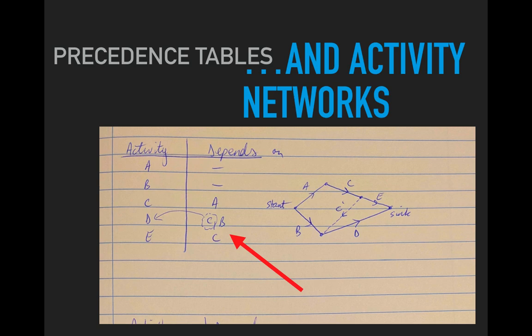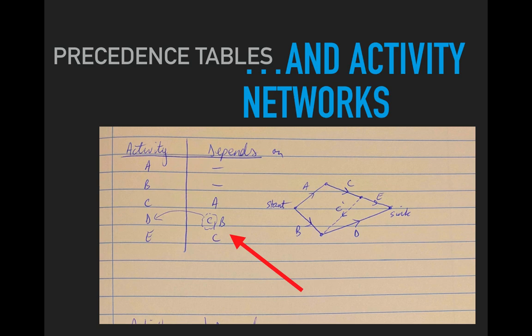And if you look at the row below it, activity E can only start when C is completed. And that raises a bit of a problem, because if D can only start when C and B are completed, but E can start when just C is completed, we essentially get two parallel parts of the project, and that needs to be resolved, and both parallel parts of the project need to be completed before the entire project is done.